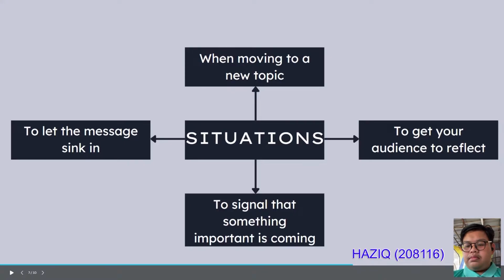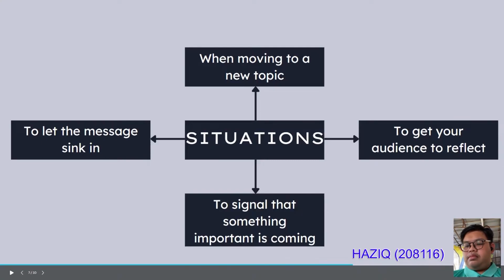The next situation is to let the message sink in. When we use pausing, the audience will digest what we are saying. The message that we send will sink in their minds and stay there for a moment when we pause.